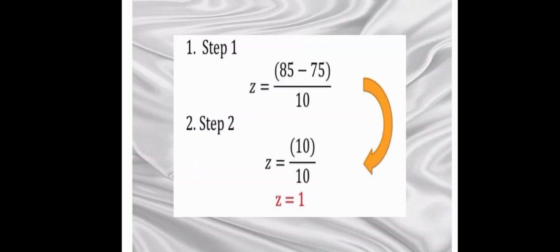So 85, the raw score, minus the mean 75 is 10, and 10 divided by the standard deviation 10 is 1. So the interpretation here: a score of 85 is 1 standard deviation above the mean.